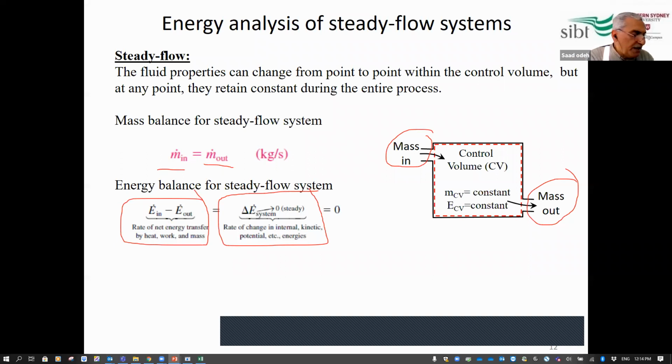This side, the left side, should equal the right side. And if there is no change in internal energy, then we should set it equal to 0.